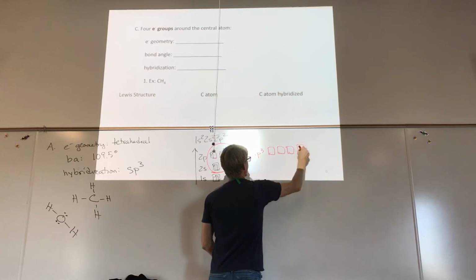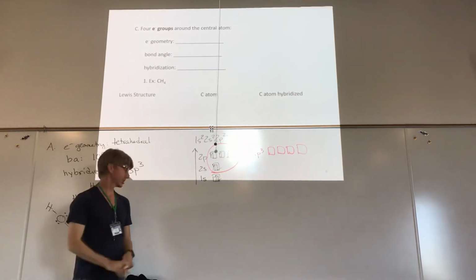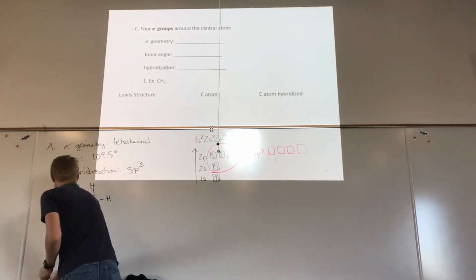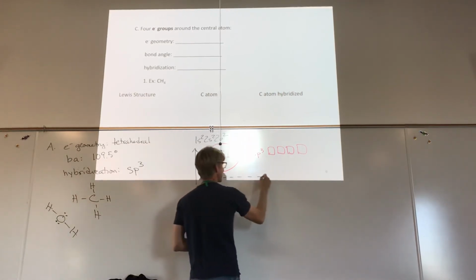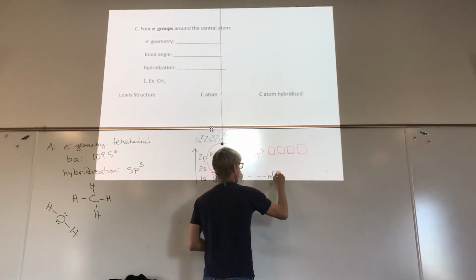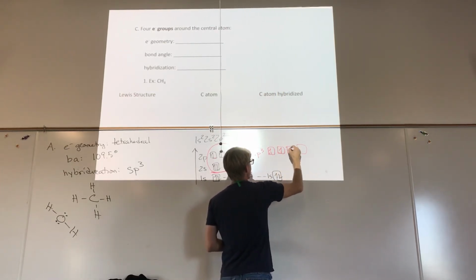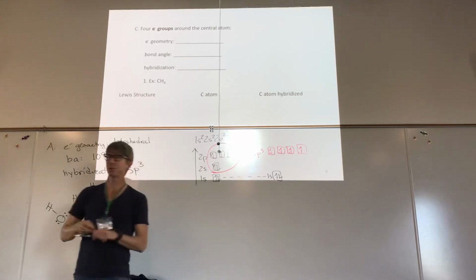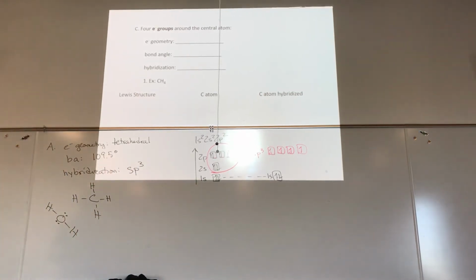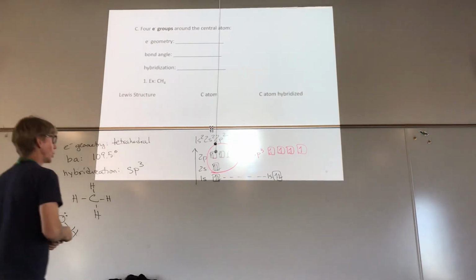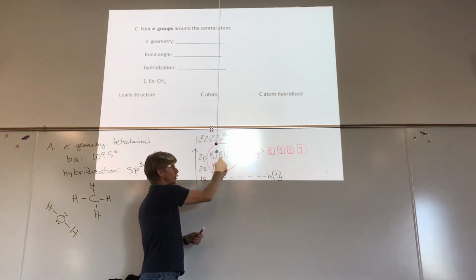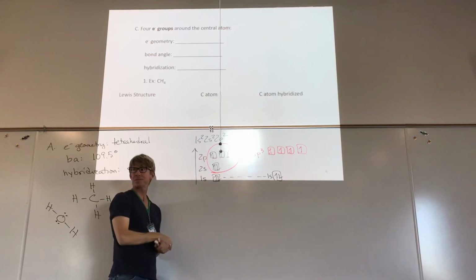And have all 4 of those orbitals, my lonely 1s, and my sp3 hybridized. Okay. 1, 2, 3, 4 orbitals. 1, 2, 3, 4 electrons. Any questions about that?